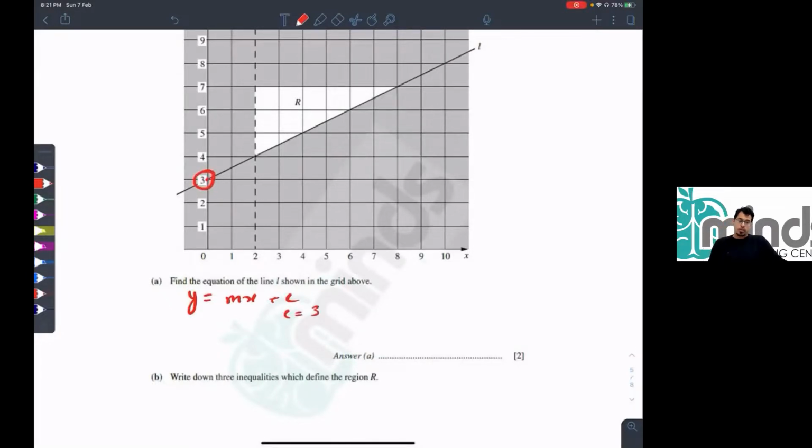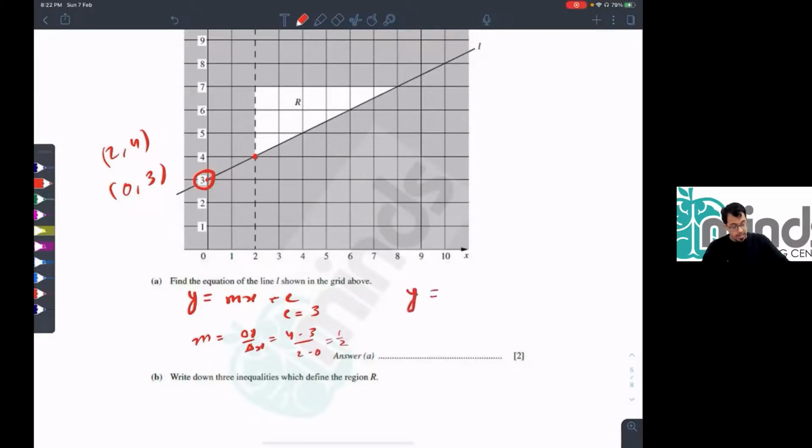So c is equal to 3. The next thing is gradient. For gradient, we will need 2 points. So 1 point is 0, 3. And another point you may take is 2, 4. So gradient will be change in y over change in x. So change in y is 4 minus 3. Change in x is 2 minus 0, so 1 over 2.